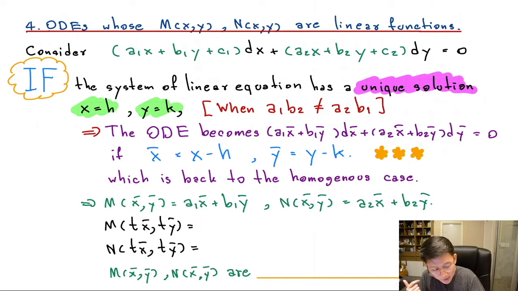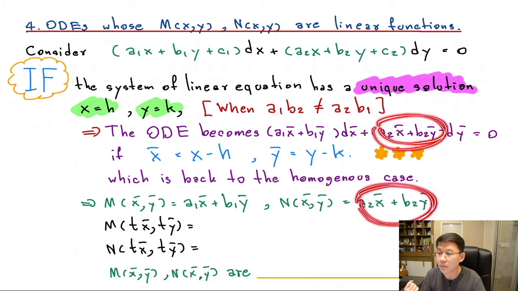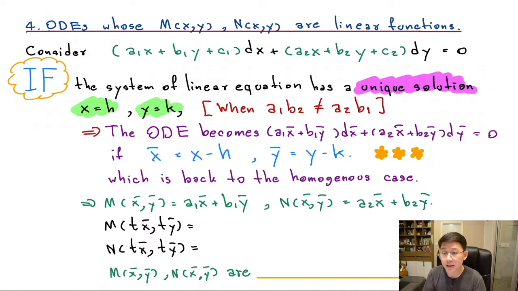So M of x bar, y bar is this guy, and N of x bar, y bar is actually this guy. If I want to check whether or not M is homogeneous, what I need to do is M of t x bar, t y bar.